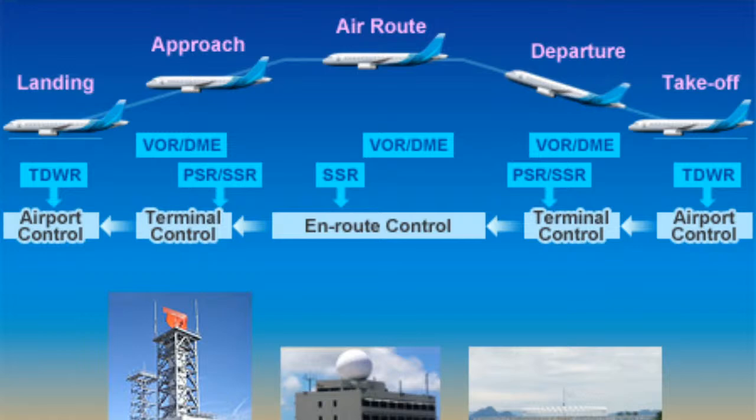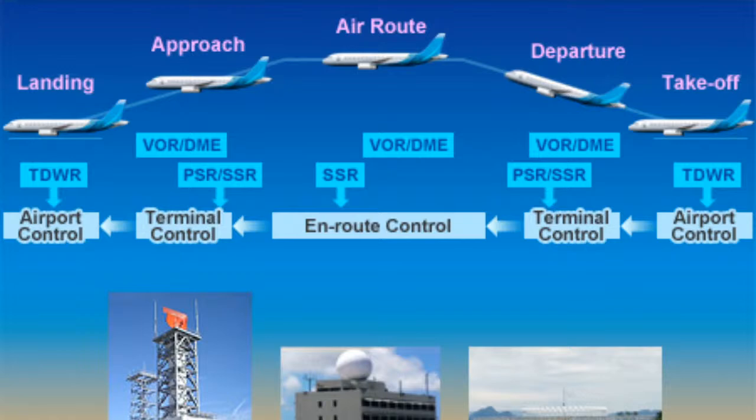We know about taxi, we know about clearance delivery for our instrument friends, the lineup, the takeoff, etc. All these things that happen on the ground, the taxi, the clearance part, are done under the jurisdiction of a tower. It's also called aerodrome control or airport control, but mostly it's referred to as aerodrome control.